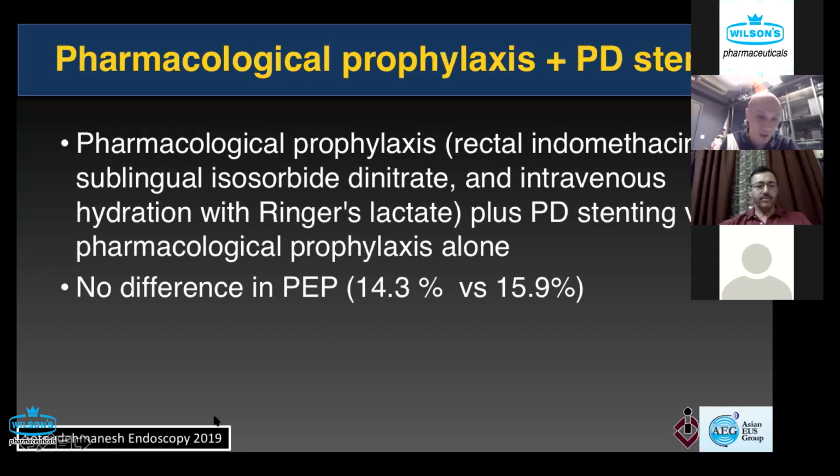In this Japanese study, they actually found no difference in PEP. So if you already have maximal pharmacological methods, adding an additional PD stent may not be clinically effective, but sometimes for an endoscopist, it still feels better. I have to admit, sometimes if I feel it's risky, I still put in a PD stent.